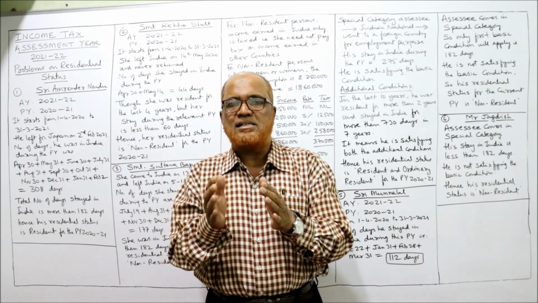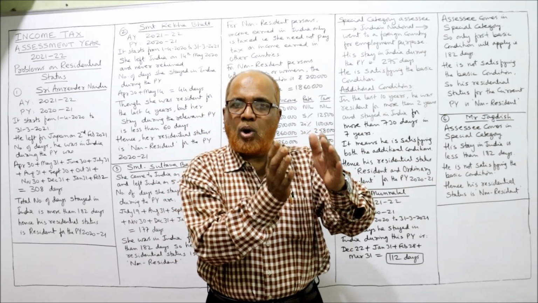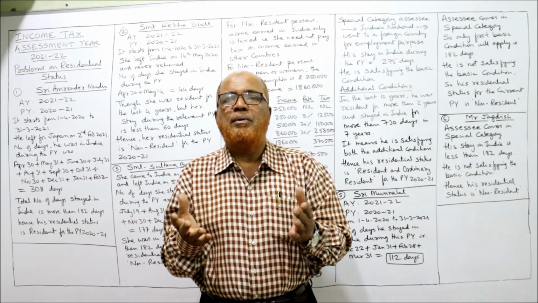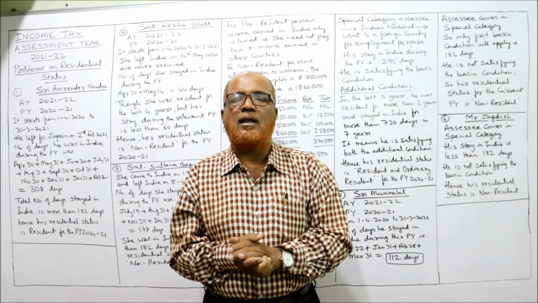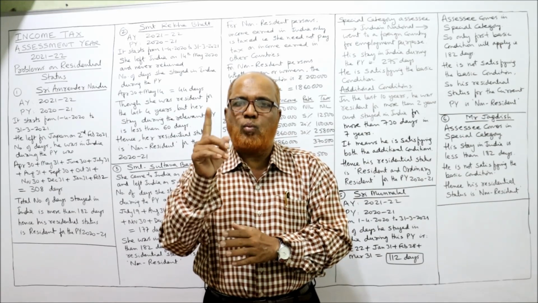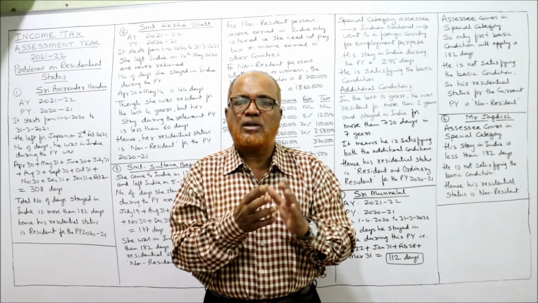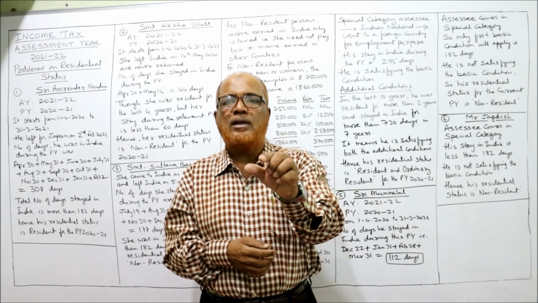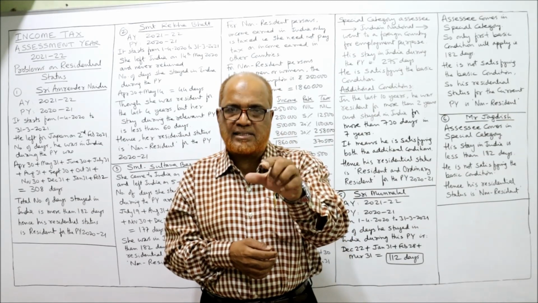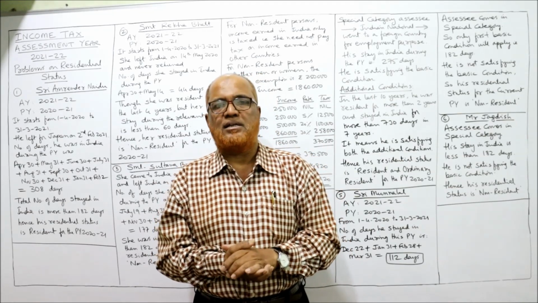So if an assessee satisfies one basic condition and both additional conditions, he will be treated as an ordinary resident. If a person satisfies one basic condition but does not satisfy the additional conditions, he is a resident but not ordinary resident.